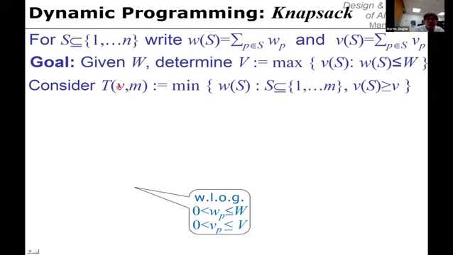We have this V, that's a value that's going to serve as a value bound. So here we're going to kind of change the picture. Before, we had the weight as a hard constraint and wanted to optimize the value. Here instead, we consider the value as a hard constraint from below, and now we want to minimize the weight. So this is a dual problem, kind of.